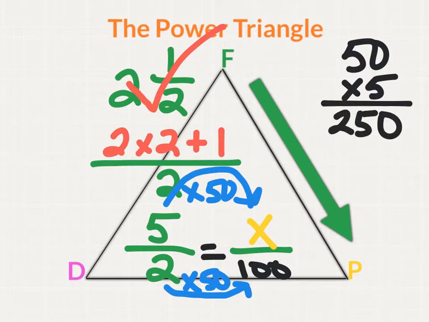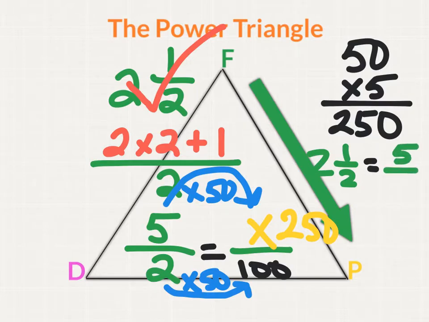So that I know that the mixed number of 2 and 1/2, which is equivalent to the improper fraction of 5/2, gives me the same value as a percent of 250%.